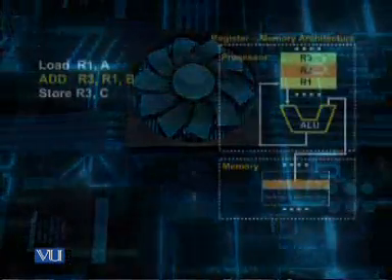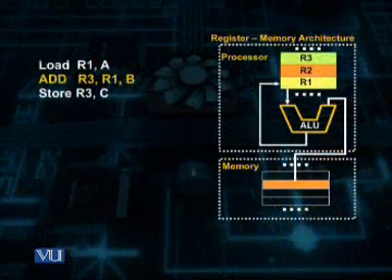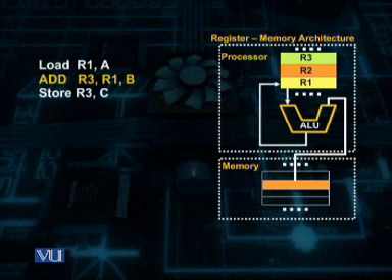Then, in order to store the result at the location C, the instruction used is store R3, C, which means that whatever contents are available in the register R3, store these values into the memory at location C.